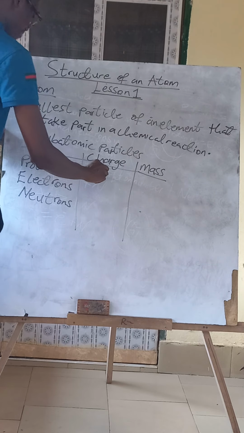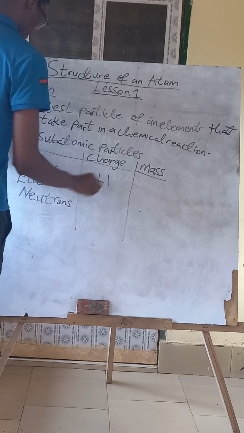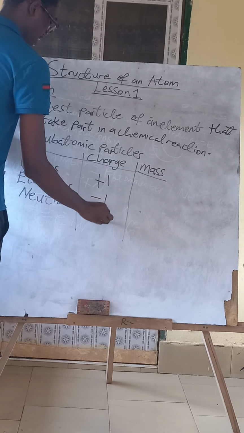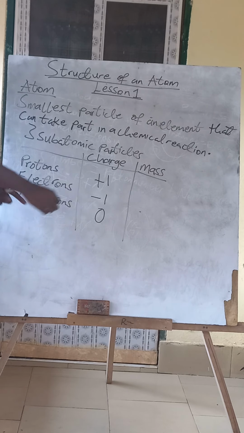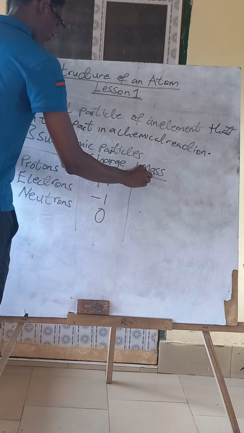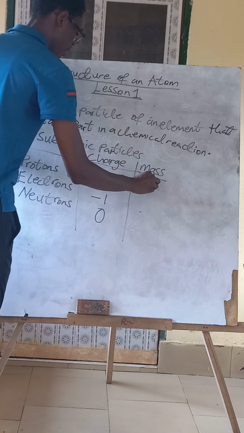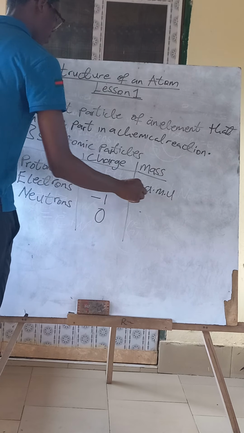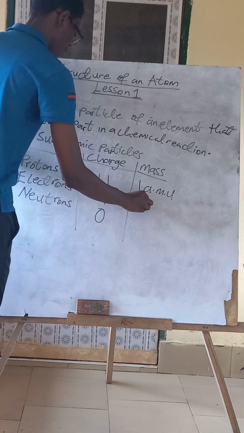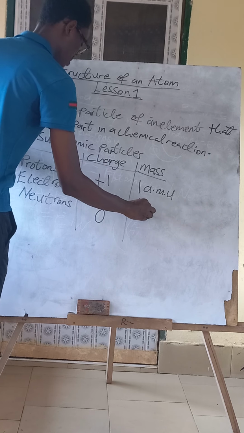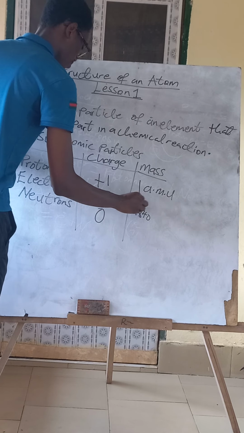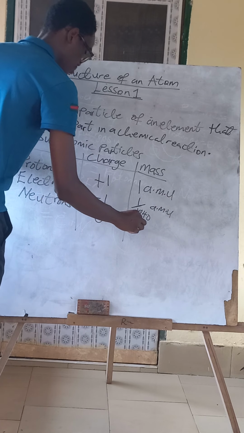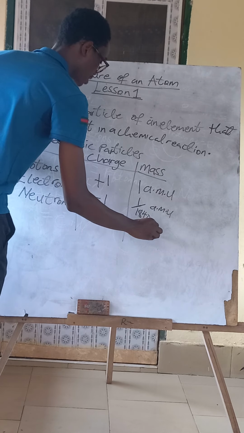The protons have a charge of +1, electrons have a charge of -1, and the neutrons have no charge. The mass: protons have a mass of 1 atomic mass unit, electrons have a mass of 1/1840 atomic mass unit, and the neutrons have a mass of 1 atomic mass unit.